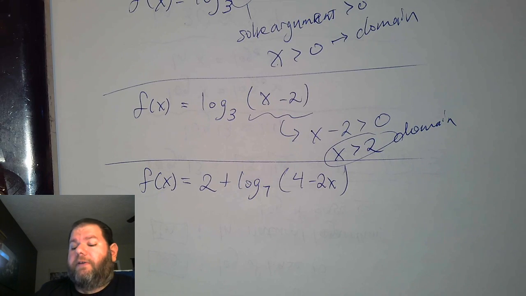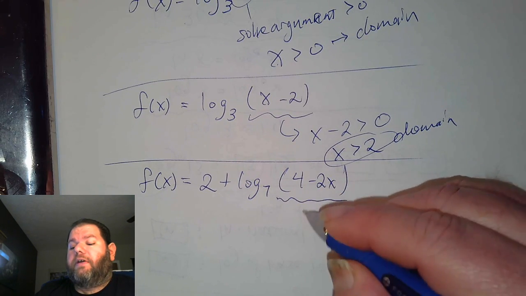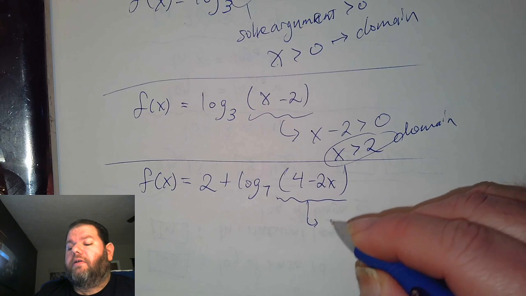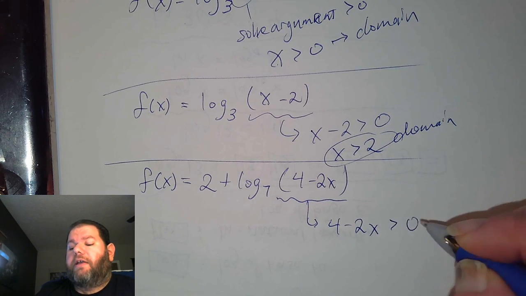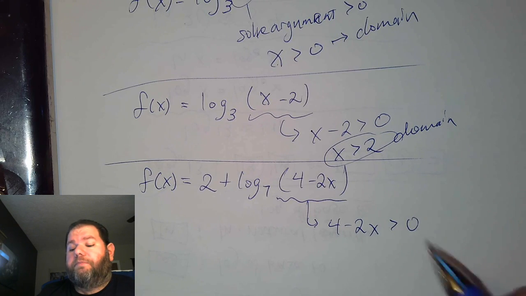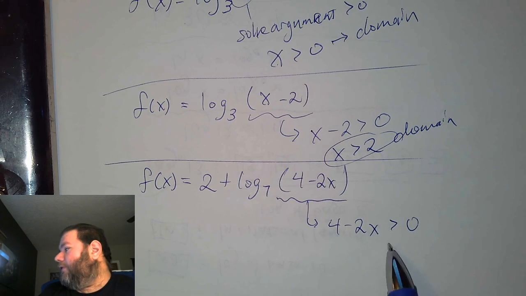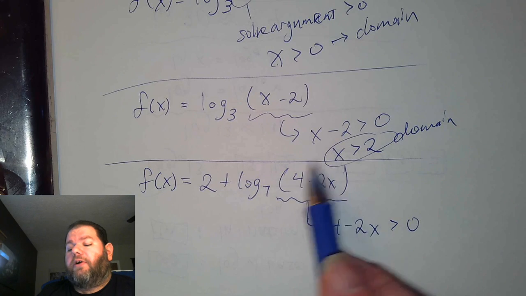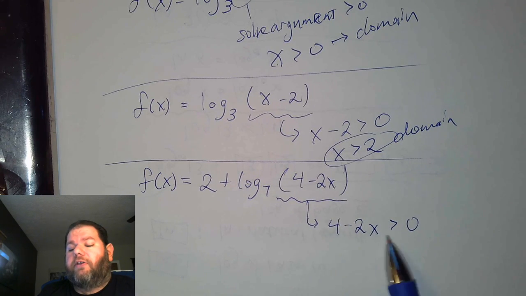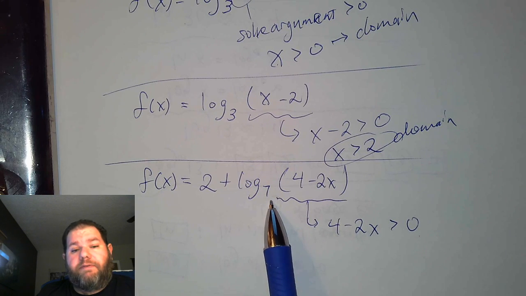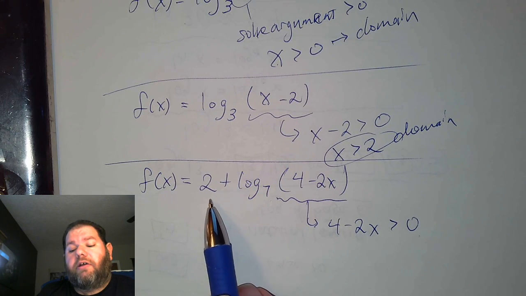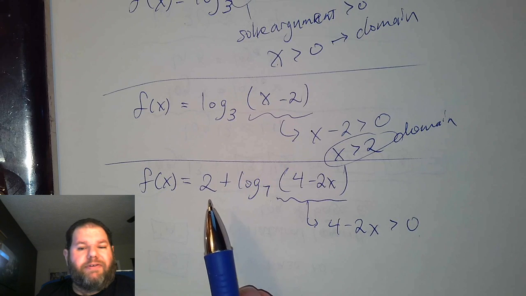That's correct, August. 4 minus 2x is the only part of this that affects the domain. And that, again, has to be greater than 0, according to our process here. Whatever is in the argument of the logarithm has to be greater than 0. So the base does not affect the domain, and any number being added, a vertical shift, does not affect the domain.